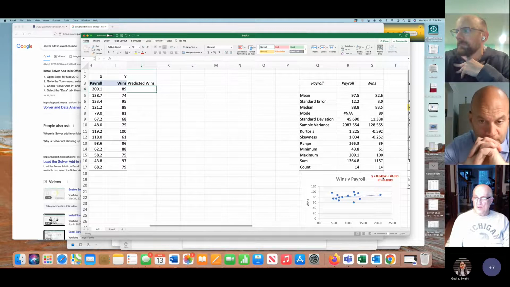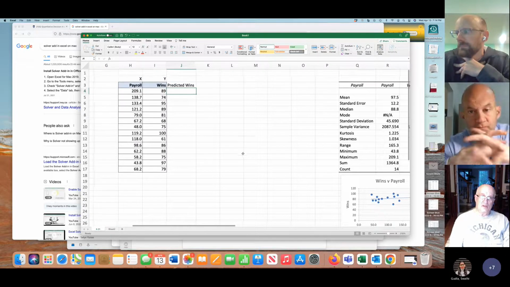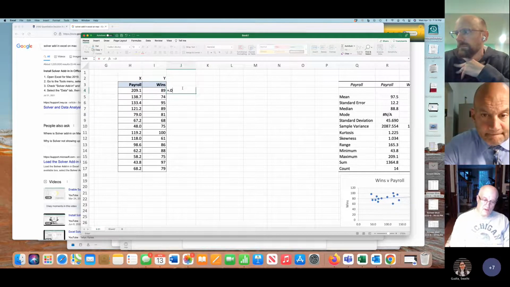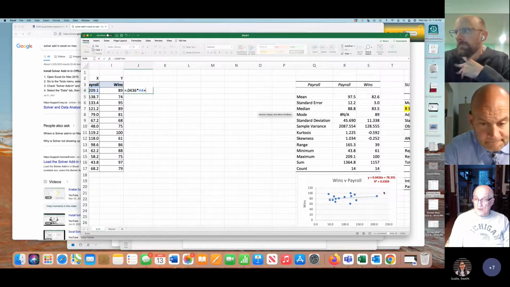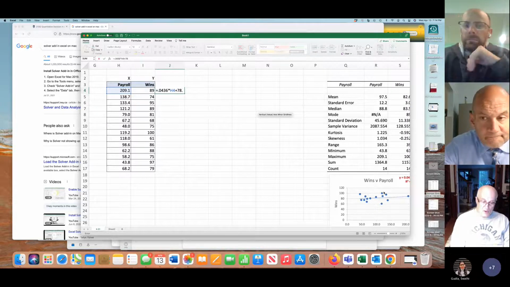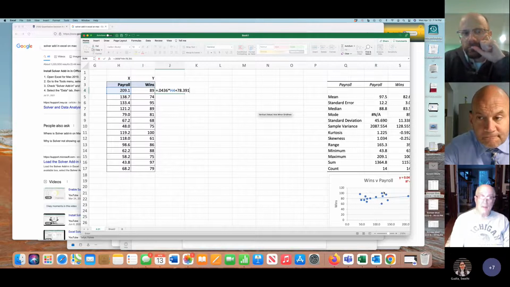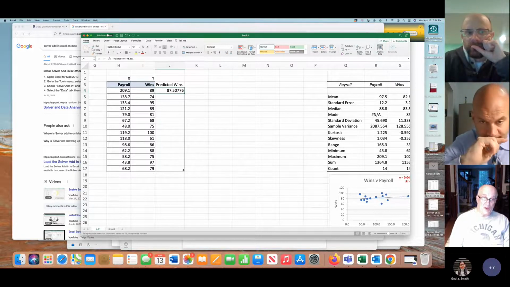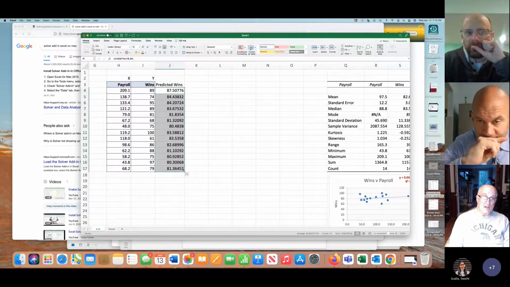I have an equation: 0.0436 times the payroll plus the intercept, which was 78.391. That was what they predicted the Yankees would win with this model. And if I drag this all the way down, it gives me how much everybody should win.